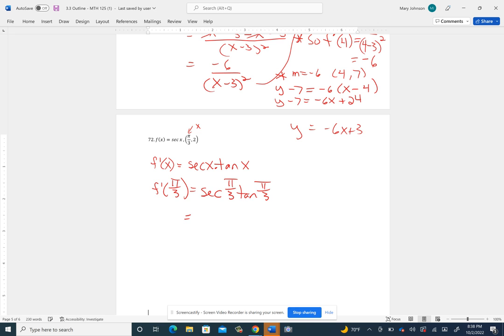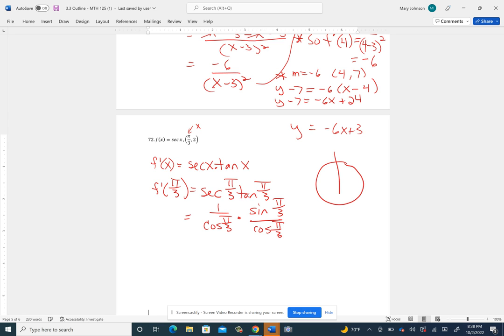You may be able to think about that directly, but if you're using your calculator or the unit circle, sometimes it helps to remember that tangent is sine over cosine and that secant is 1 over cosine.